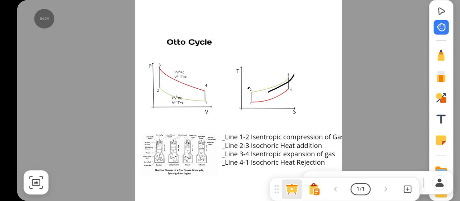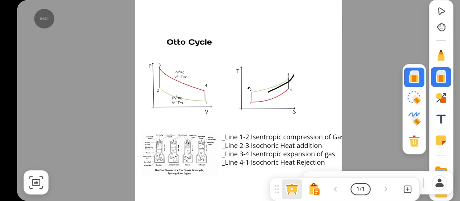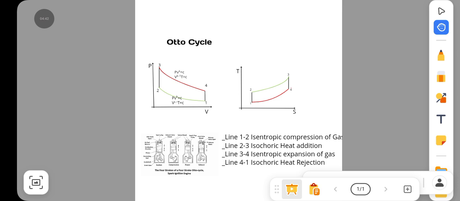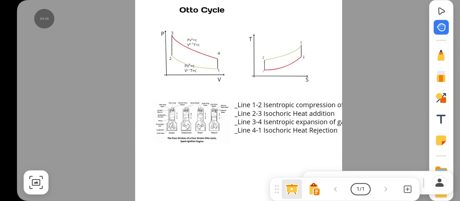This is the ideal one that is looked at for real cases. We use isentropic, which is reversible, and naturally gases are not reversible, but we are using reversible cases here, which is an ideal case.